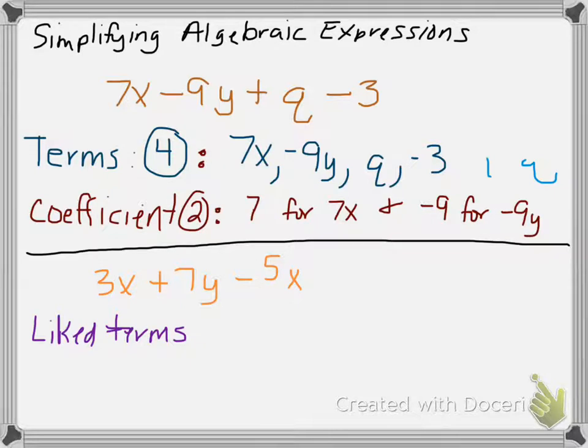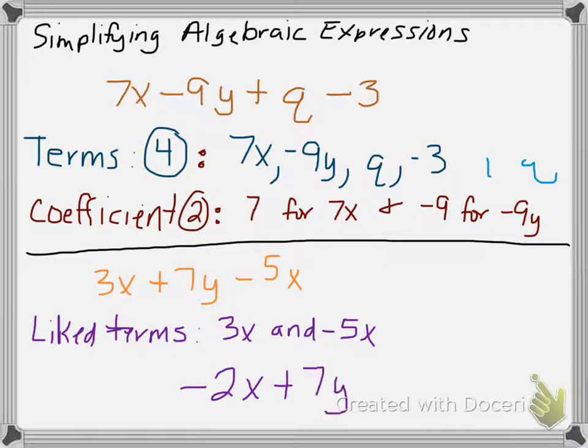In this case, the 2 things that have something in common are the 3x and the negative 5x. So you should be able to combine these, add those. So what is 3x plus a negative 5? Different sign, so that becomes a negative 2x. The 7y doesn't combine with anything, so it just comes down.